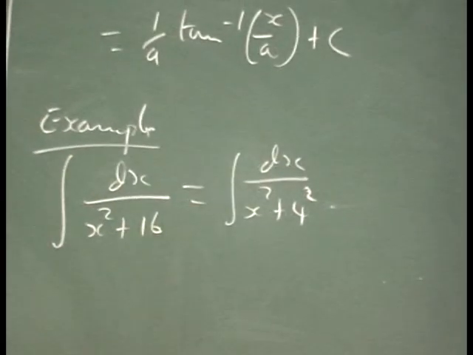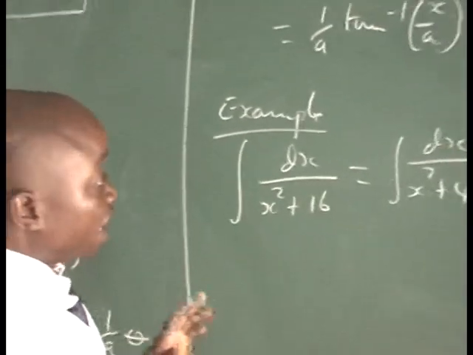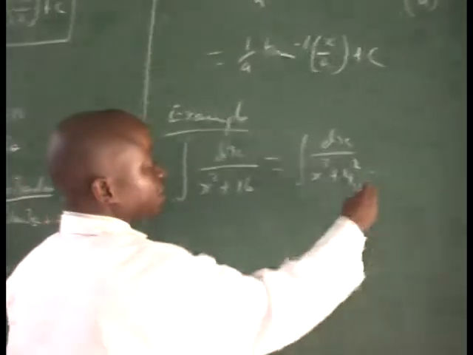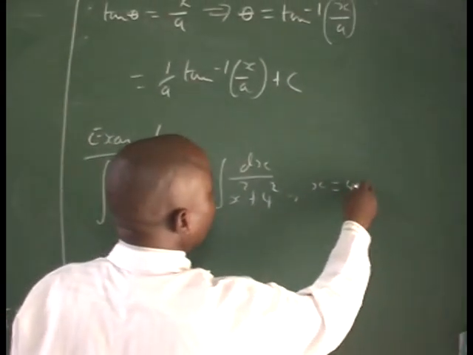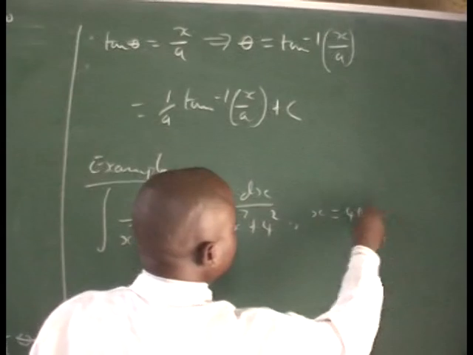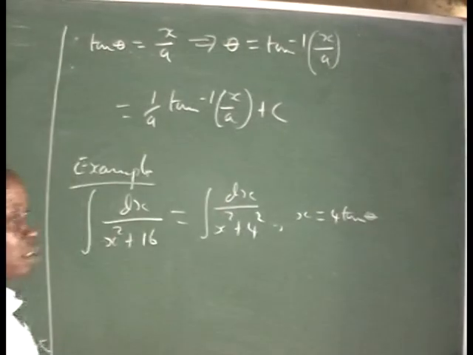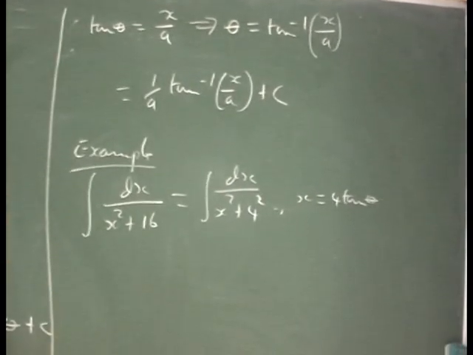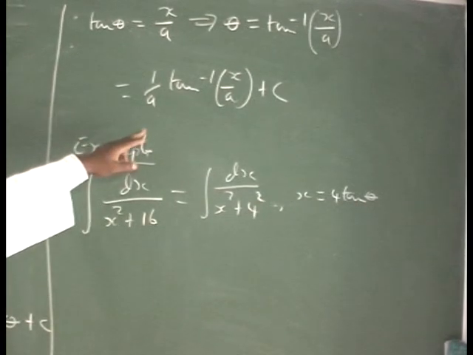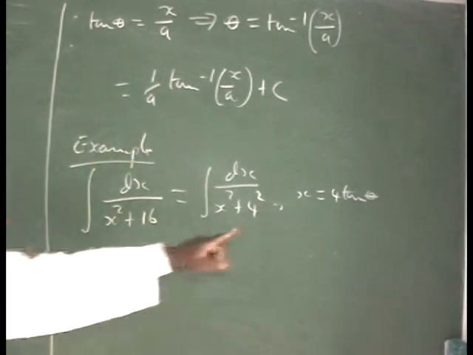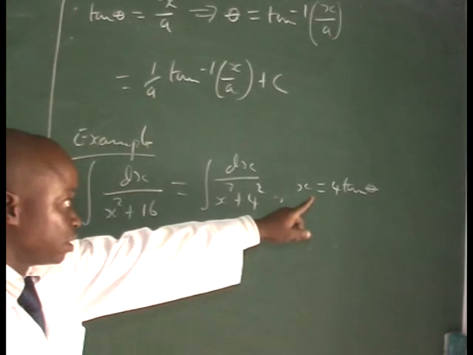And without wasting time, if you let x equal 4 tan theta and then follow this process, you will arrive here.